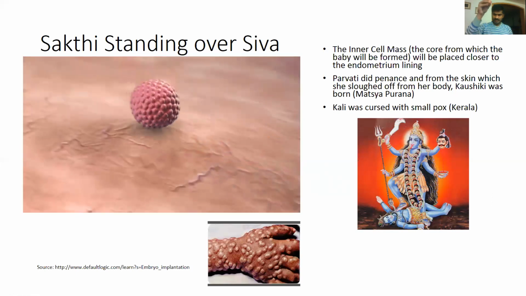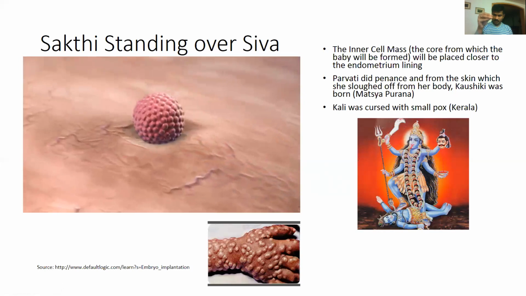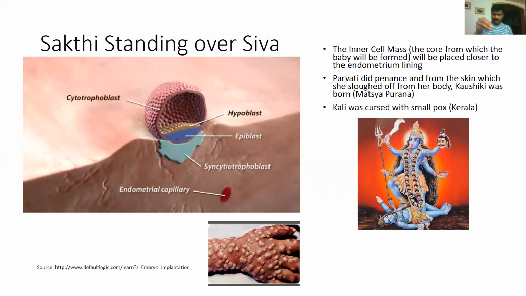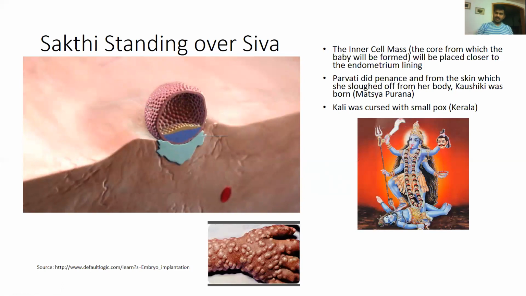Now, the blastocyst is in close contact with the endometrium lining. It erodes, and then it gets implanted into the endometrium lining. Now, as I said earlier, this is the outer layer, and we are calling that Shakti, and the inner cell mass is this bit, which is going to become the baby.